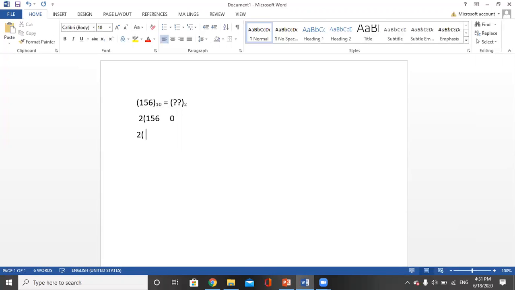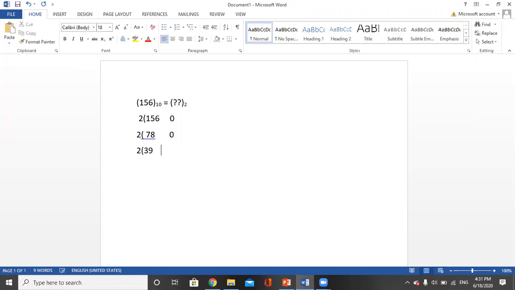Now as we know, 156 divided by 2 is 78. Then again 78 is perfectly divisible by 2, so we keep 0 here again, and here 78 is 39, right? Because 9 2 is 18, right?